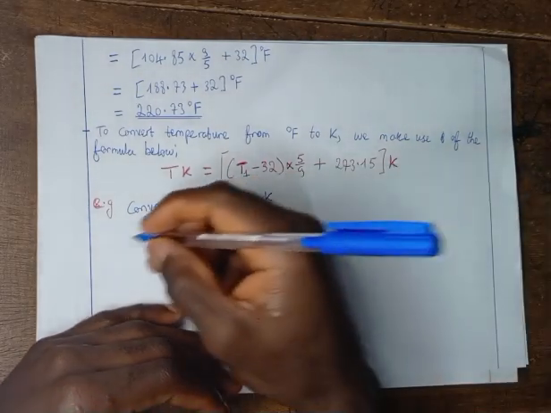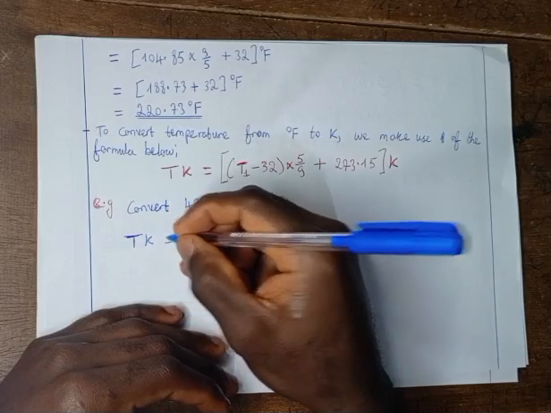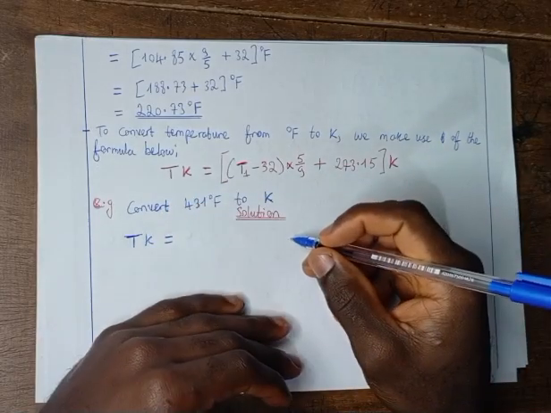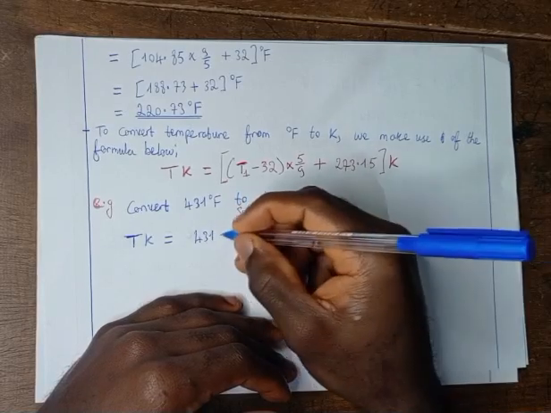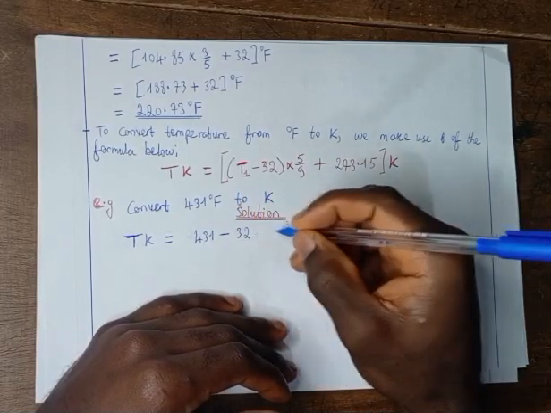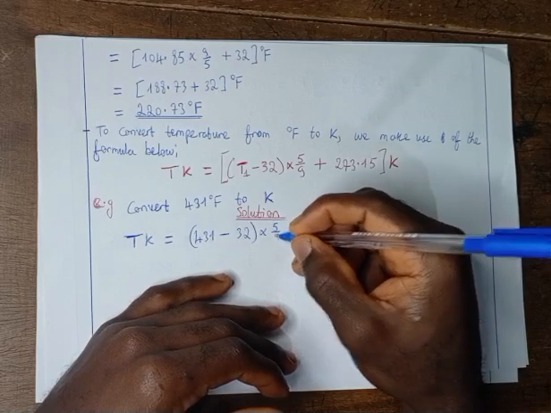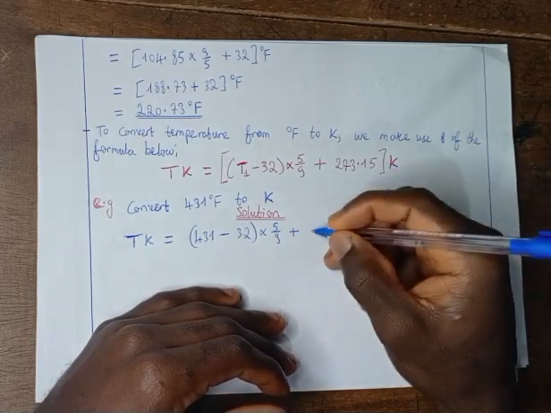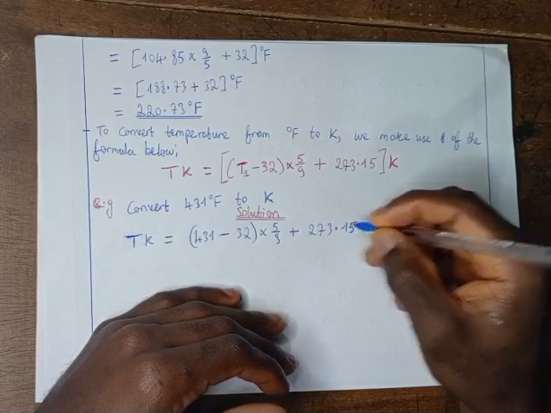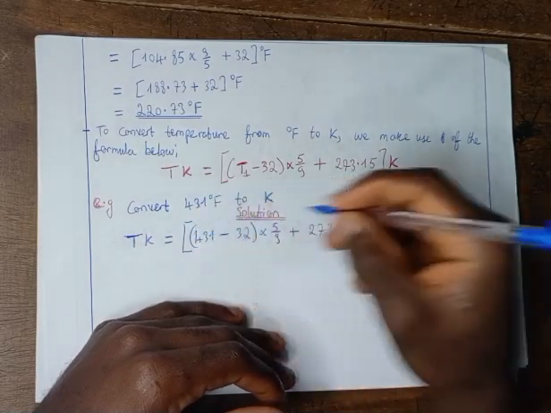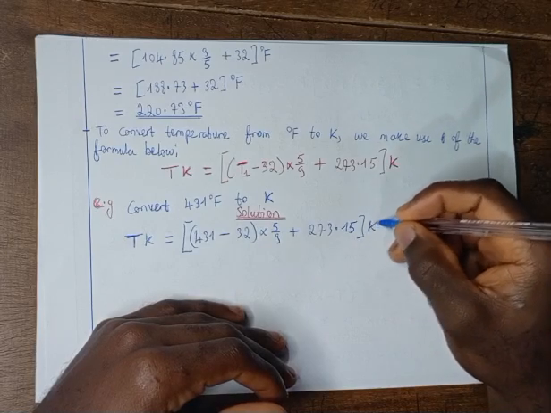Our temperature in Kelvin will simply be equal to, we are going to take the value of the temperature in degrees Fahrenheit, which is 431, minus 32. Then we multiply the result by 5/9. Then we add 273.15, and the final value will take a unit of Kelvin.